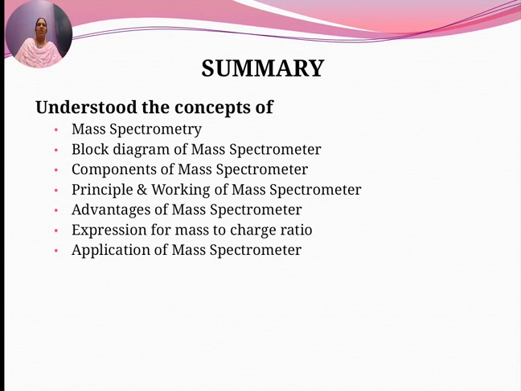The amount of deflection depends upon the mass to charge ratio. The heavier ions deflect less, whereas the lighter ions deflect more. So the ions with the correct mass and charge will travel to the detector.